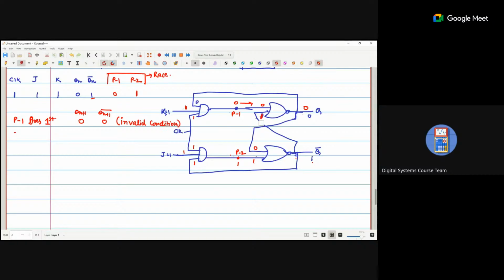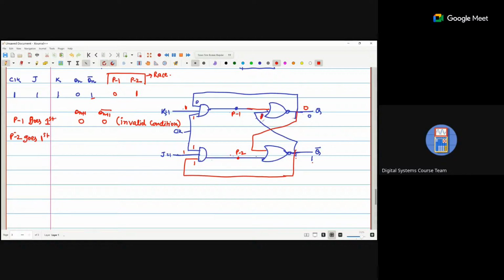Okay. If I assume that point 2 goes first inside, so what is point 2?